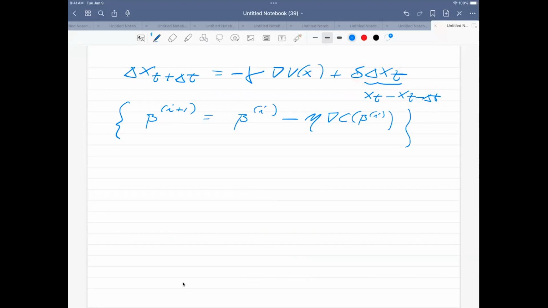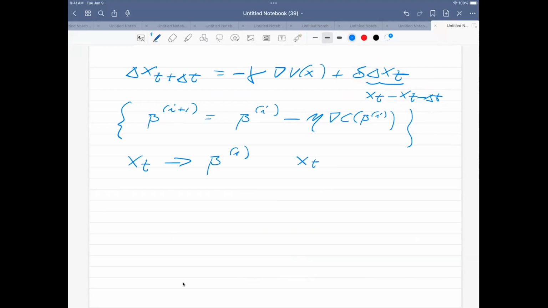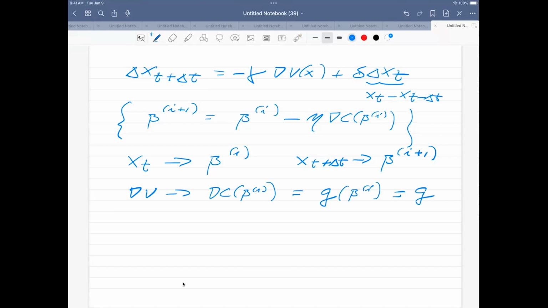So the inspiration comes from setting up these equations. So if I now change my x of t and I let that stand for beta of i, the previous iteration, and then what I'm going to do now is to let x of t plus delta t, I'm going to replace that one with the old beta of i plus 1. And then my delta v, which I have here, is now going to replace my gradient of C of beta of i, which is the same as this function g of beta of i, or just g, the gradient as we defined it.